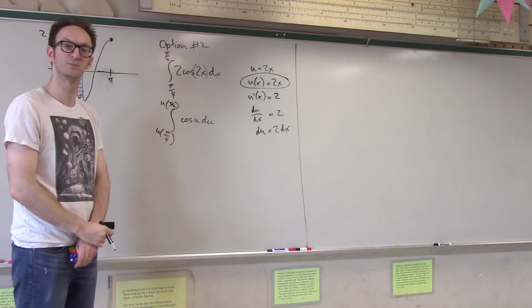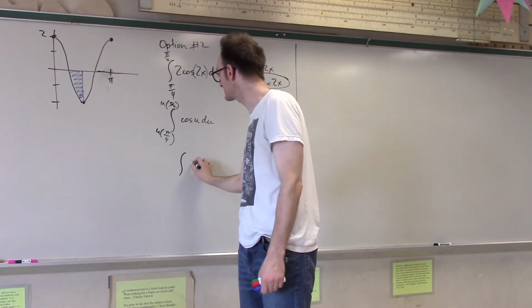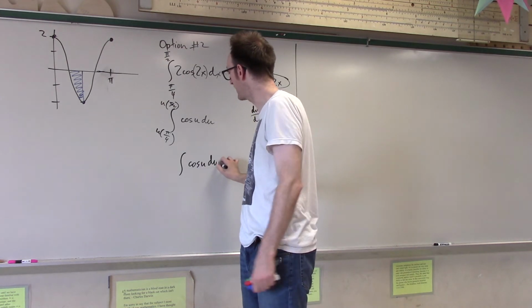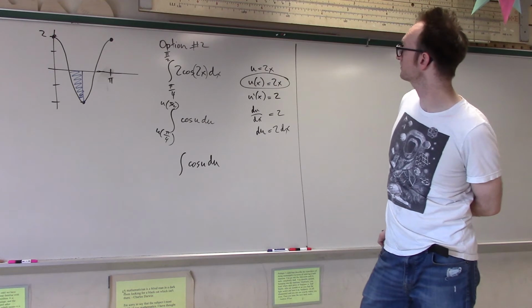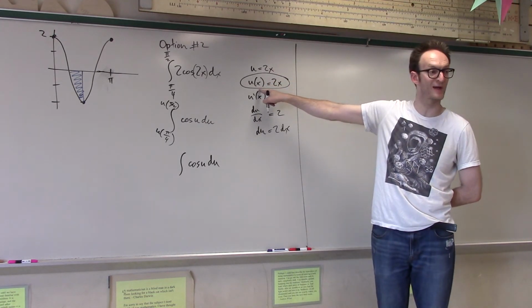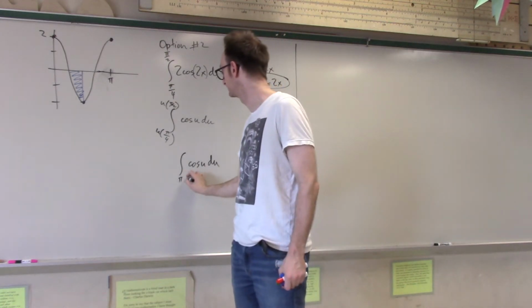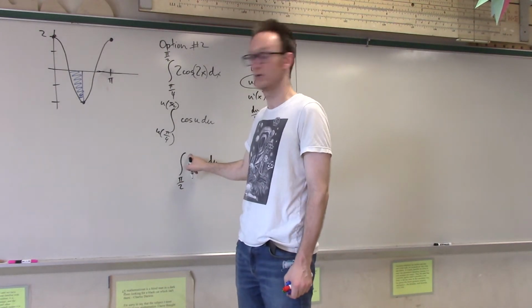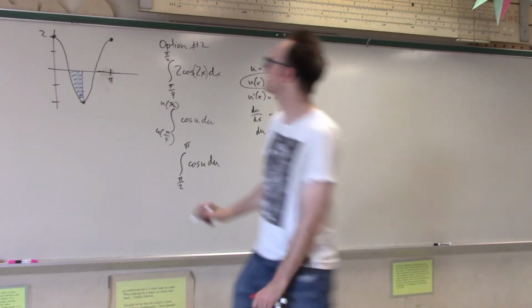Follow? Okay, so now I'm integrating from, what is u of pi over 4? Careful: u of pi over 4 just says plug pi over 4 into the u equals 2x function. So this is just pi over 2, and this is pi.